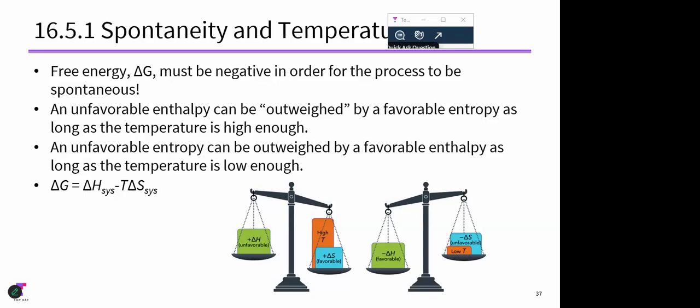The entropy gained by the water molecules outweighs the energy gain that comes with the endothermic process. From a free energy standpoint, the entropy ends up winning and it becomes a spontaneous process.